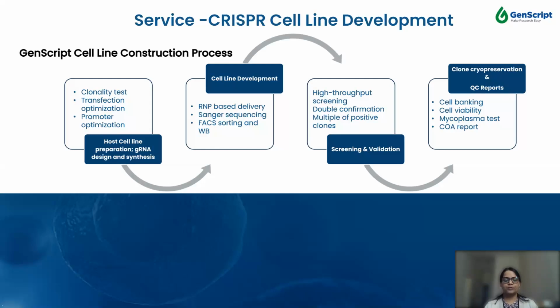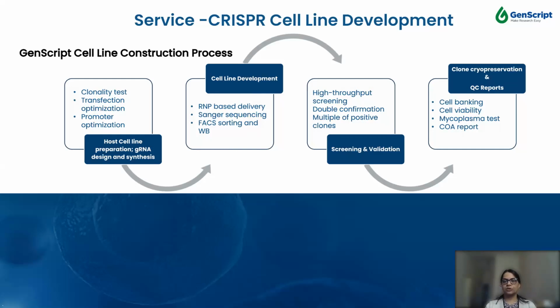So for customers who do not want to do the whole cell line development in the lab, and to speed up their discovery and validation work, GenScript offers different CRISPR gene editing cell lines by using a chemically synthesized single guide gRNA. We employ an RNP delivery system with high editing efficiency and low toxicity.